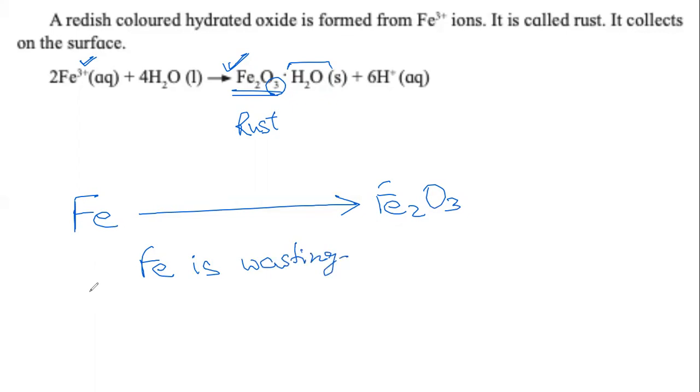It is no longer that metal. It is slowly converting into another thing altogether, a compound. And that compound has completely different properties from the element. It is not strong. It is in the powder form. And the metal breaks. This is rusting.